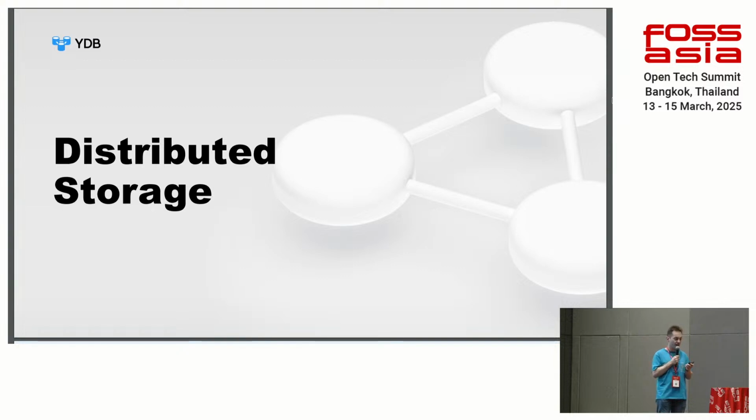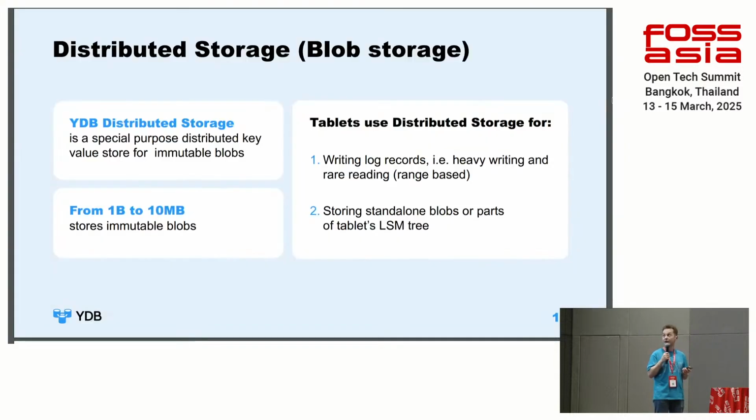Now it's time to discuss distributed storage. Distributed storage is a very special purpose storage. It's key-value storage. Key I will discuss later, and as a value we use blobs. Also, because this distributed storage stores blobs, it was historically called blob storage, and because I'm an old guy, sometimes I call it not distributed storage, but blob storage. I use this interchangeably.